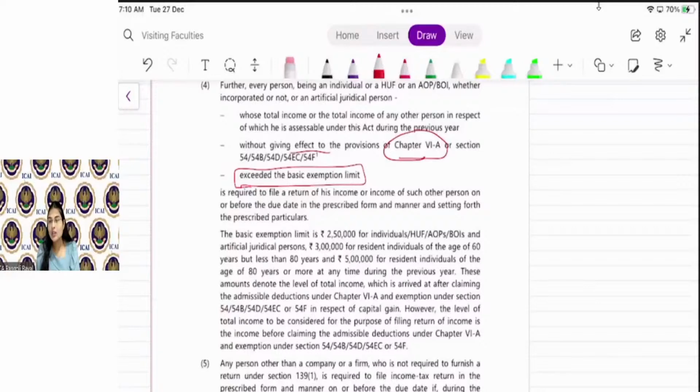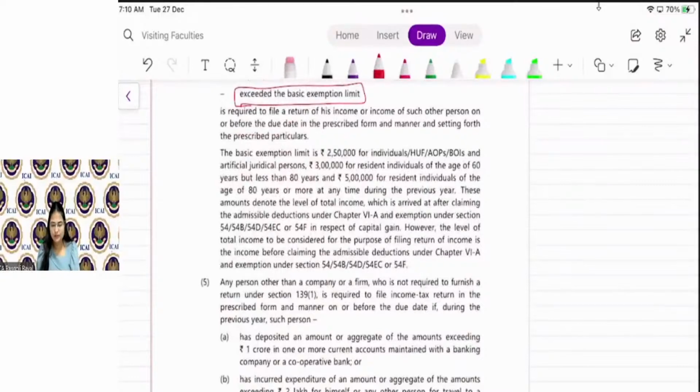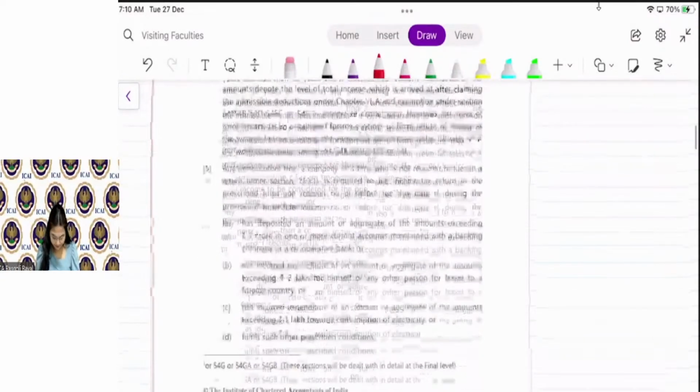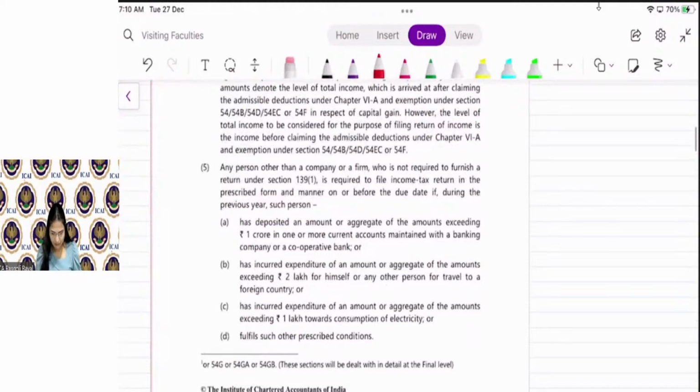But for determining whether they are required to file their return of income or not, you have to check this limit before giving effect to Chapter 6A or exemption under Section 54 to 54A. Everyone clear up till now? Yes or no?